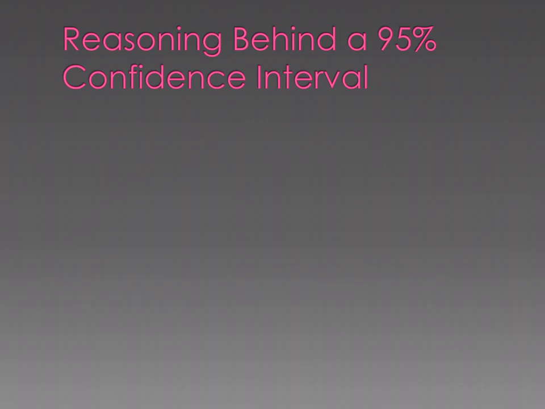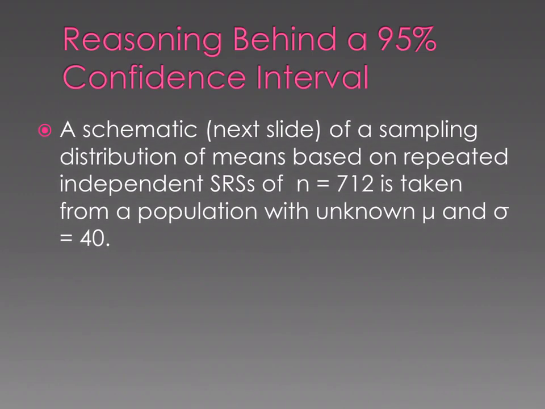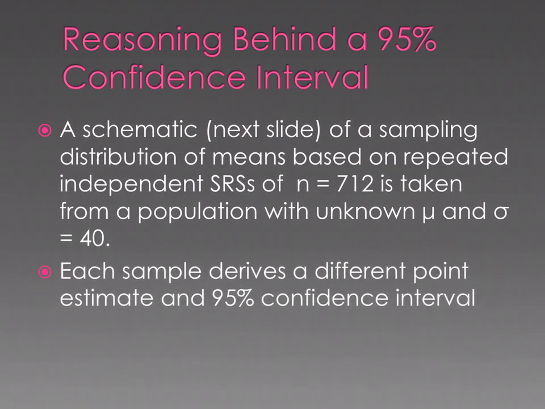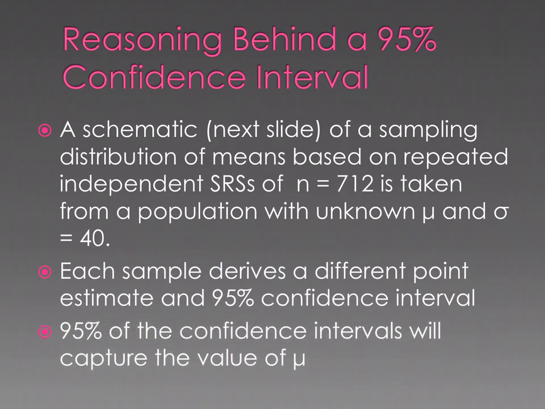So the reasoning behind a 95% confidence interval: we have a schematic on the next slide of the sampling distribution of a mean based on repeated independent simple random samples of n equals 712. It's taken from a population with an unknown mu and a standard deviation of 40. Each sample derives a different point estimate and 95% confidence interval. 95% of the confidence intervals will capture the true value mu.